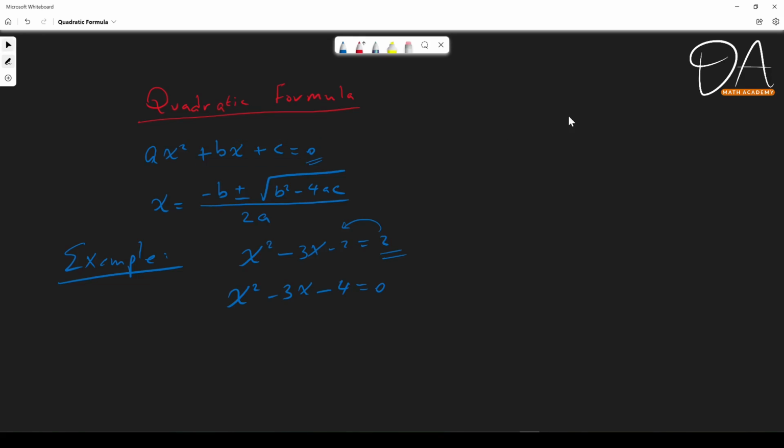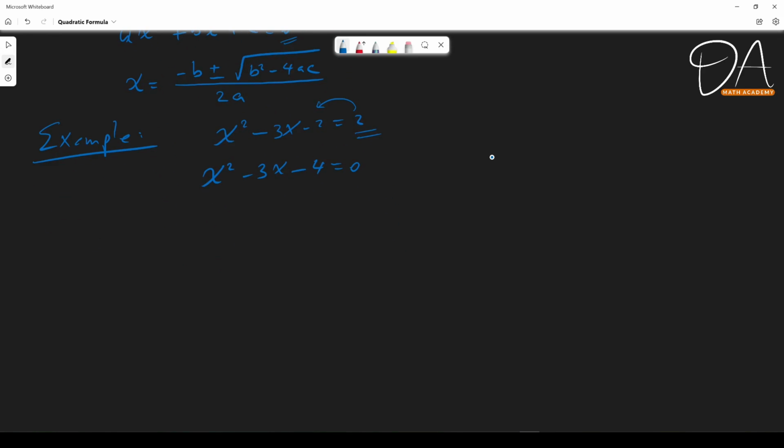Now, with this being in the standard form, it is easy to solve this quadratic equation. We just need to identify the coefficients. So we can see that a is 1, b is minus 3, and c is minus 4. If we plug this into our quadratic formula, this is our quadratic formula, we just plug in the values.